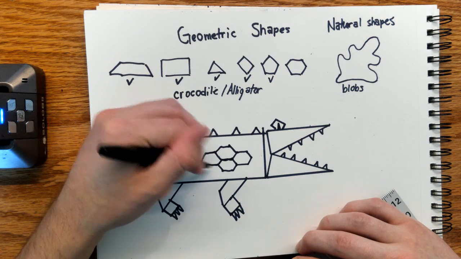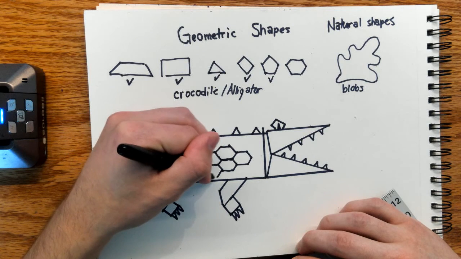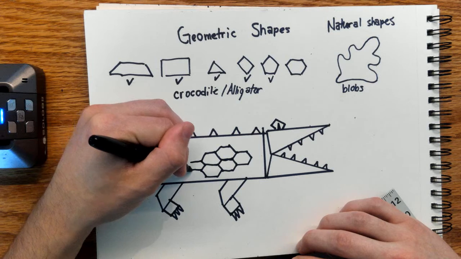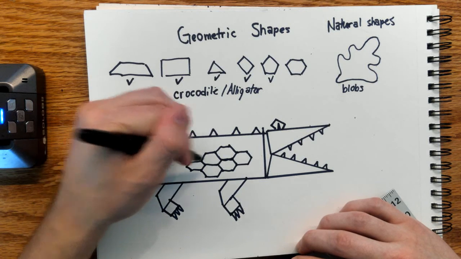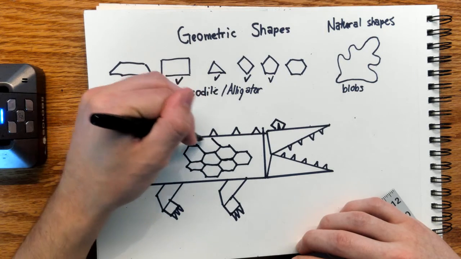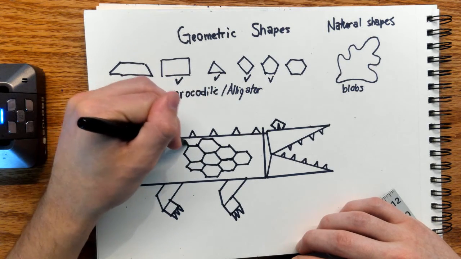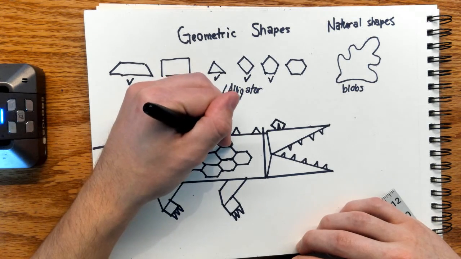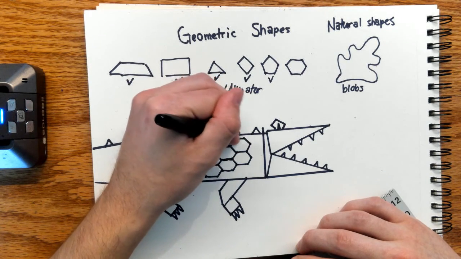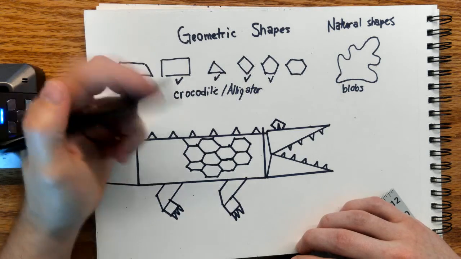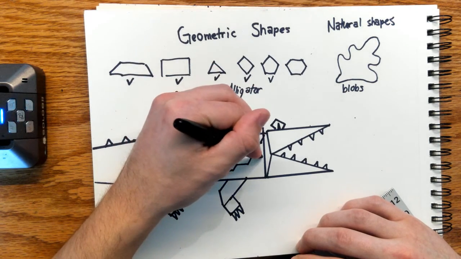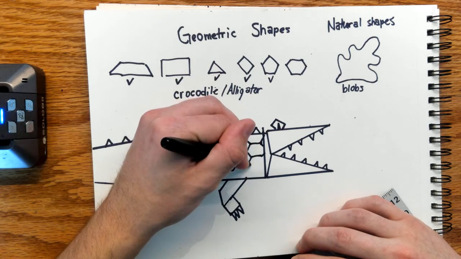So I can keep doing this, even though my hexagons are getting a little bit wonky because I'm not using my ruler right now, you can keep patterning these hexagons and you'll never get to a spot where one doesn't fit. So now we see, as I'm building up more and more of these hexagons, I'm starting to give my alligator a bit of a scaly texture.